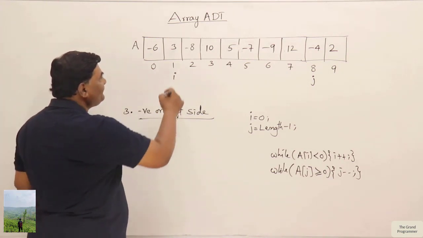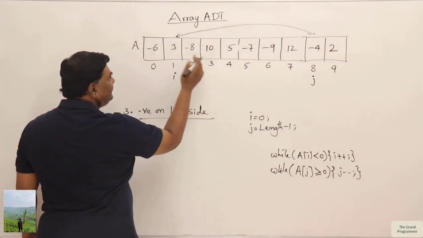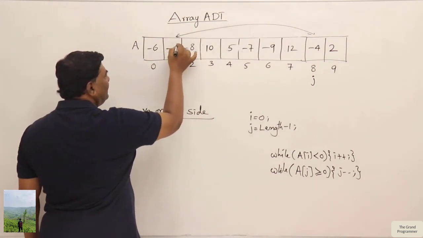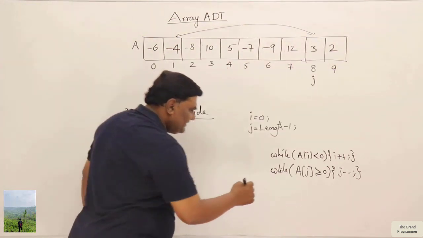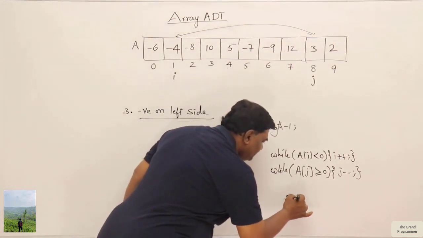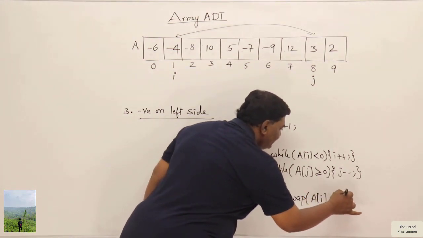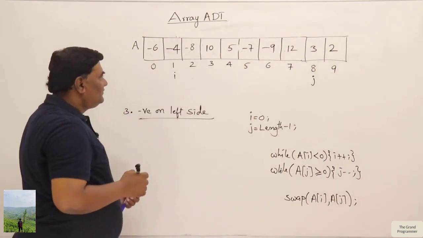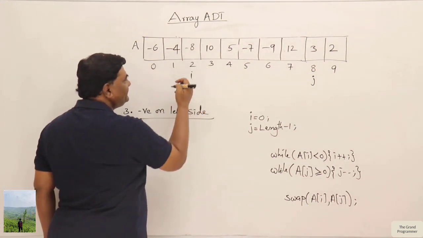Then what should we do? Interchange them. So minus 4 is brought here and 3 is sent there. We should swap them, so I will write: swap a[i] with a[j]. Now I do the same thing. i++. Is it a positive number?